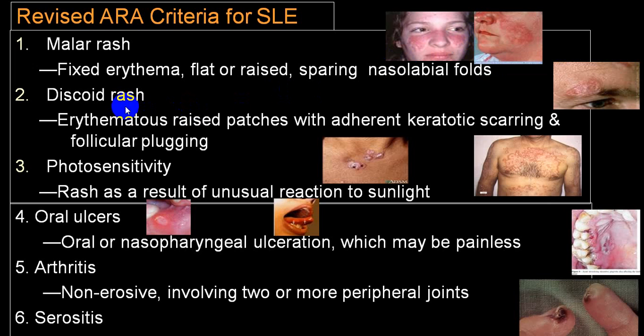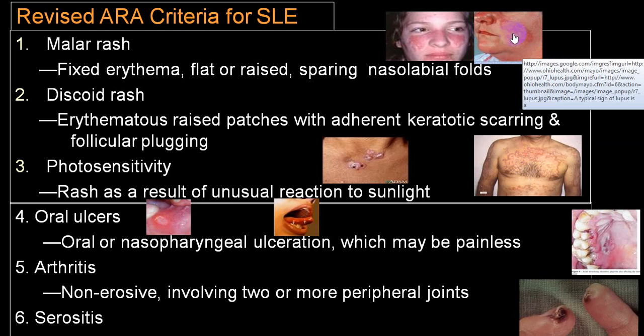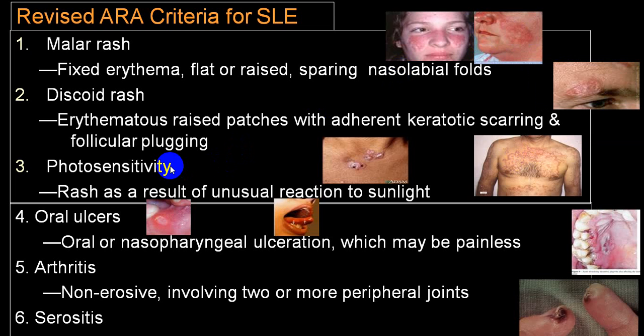Or you can have a discoid rash, which is an erythematous rash, raised patches, adherent keratotic scaling and follicular plugging. So this is the discoid rash. This is the malar rash. A person will have a photosensitivity rash as a result of unusual reaction to sunlight.